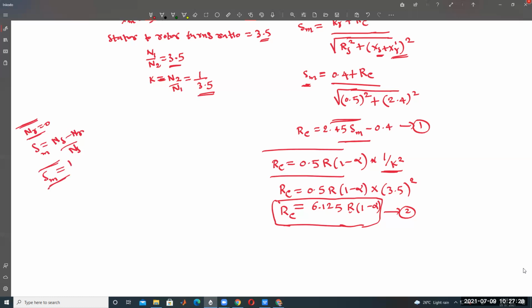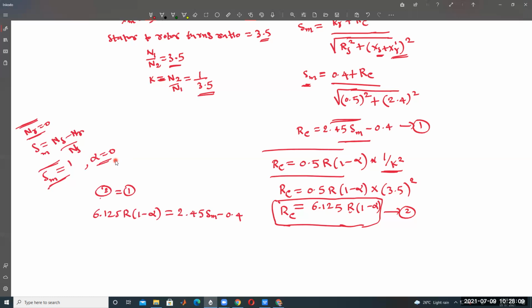Also in the problem it is given that alpha is equal to 0, the firing angle alpha is 0. Substitute these values in this equation and equate these two. After equating, the equation is 6.125 into R into 1 minus alpha equal to 2.45 into SM minus 0.4.